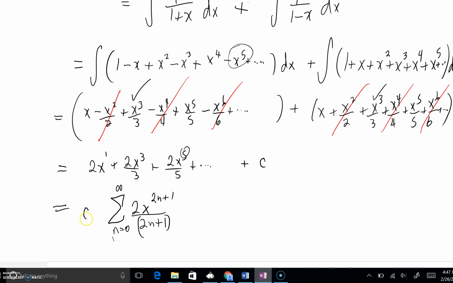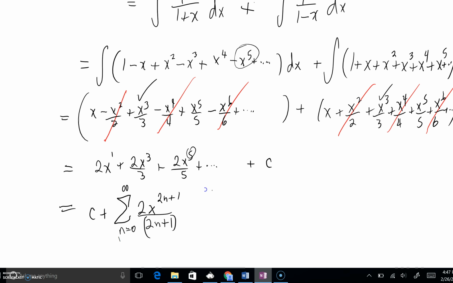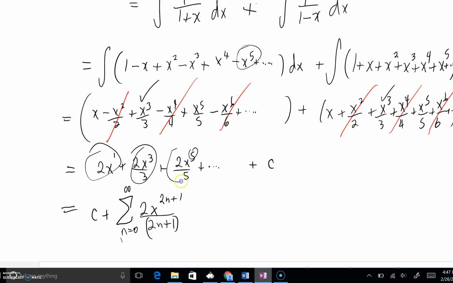A lot of times we'll put the C plus in front just so that no one would get confused to think that you add a constant to every single term in this expansion, where each individual term would have a plus whatever that constant is in it. Really, it's just one singular constant. But this is a power series representation for what we're looking to find.